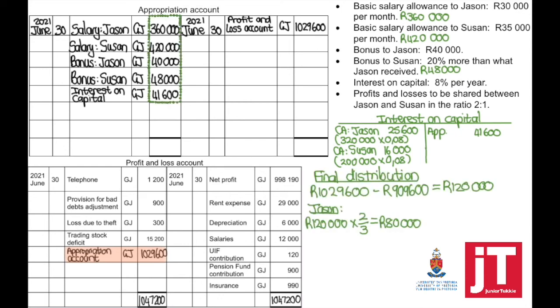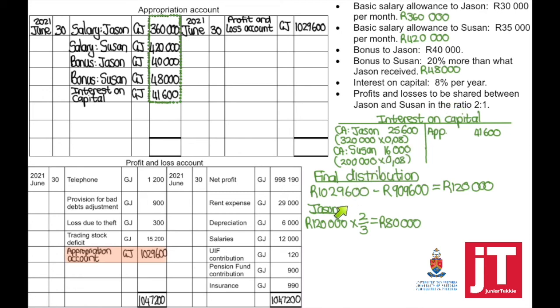If we now look at the total primary distributions of profits, it must be subtracted from the net profit so that we can find out what is the remaining that should be distributed. So the net profit minus primary equals the remaining profits of 120,000. And this must be shared in the ratio 2:1.